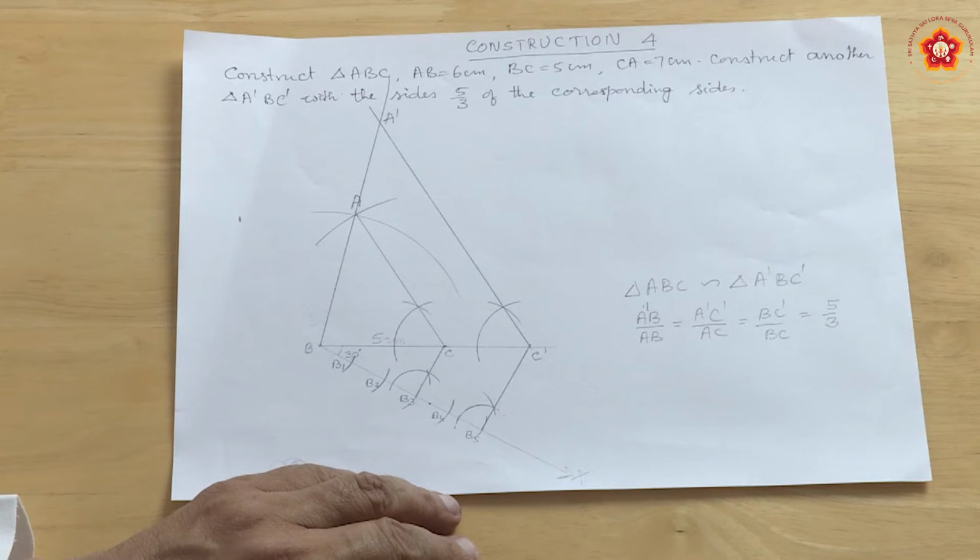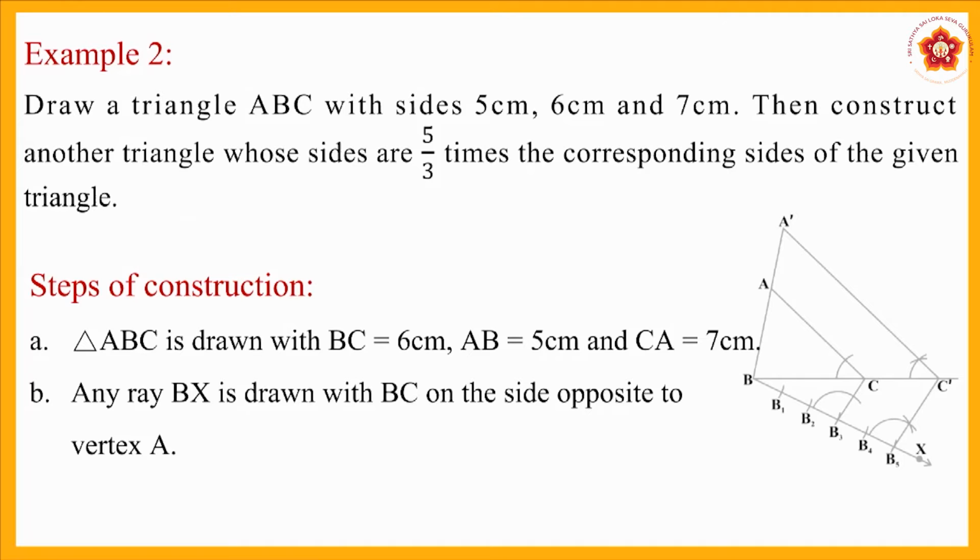So, steps of construction: first triangle ABC is drawn with BC equal to 5 centimeters, AB equal to 6 centimeters and CA equal to 7 centimeters, using scale and compasses.